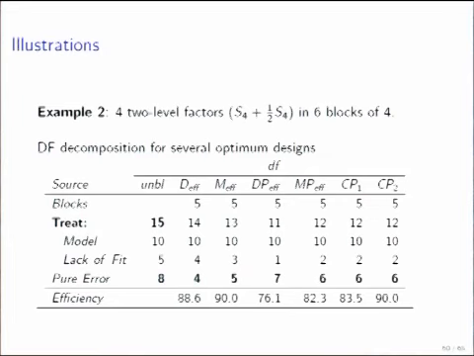And we get something very similar to what I showed before. The standard criteria usually penalize pure error for blocking, and we can get something perhaps more sensible using a compromise criterion.